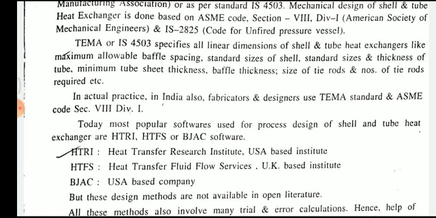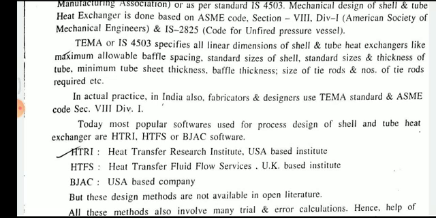Today the most popular software used for the process design of shell and tube heat exchangers are HTRI, HTFS and B-JAC. So what is HTRI? HTRI is the Heat Transfer Research Institute, a USA based institute.